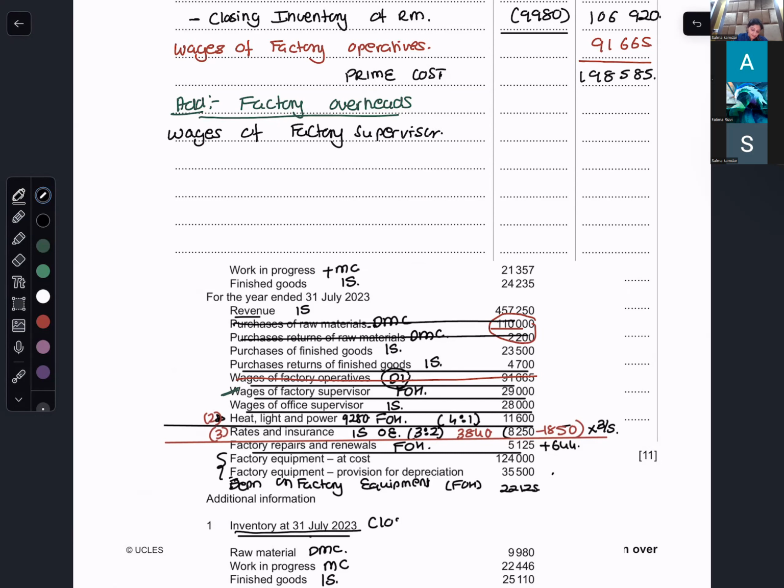Then there is heat, light, and power. Then there is rates and insurance. Factory repairs and renewals. What else? Depreciation on factory equipment.